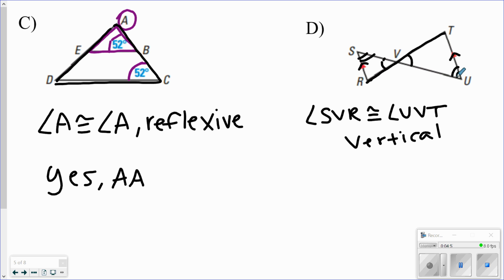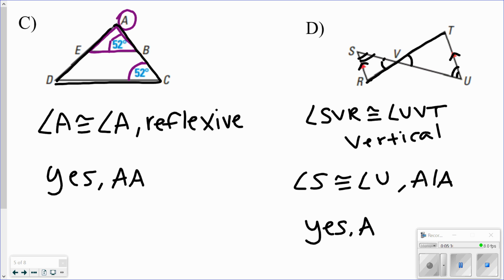Well, they are alternate interior angles. So angle S is congruent to angle U. Why? They are alternate interior angles. So is this enough information to prove that these two triangles are similar? Yes, it is, by the angle-angle theorem.